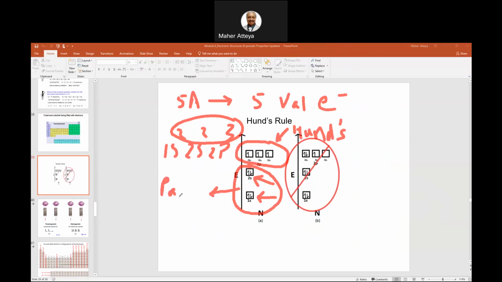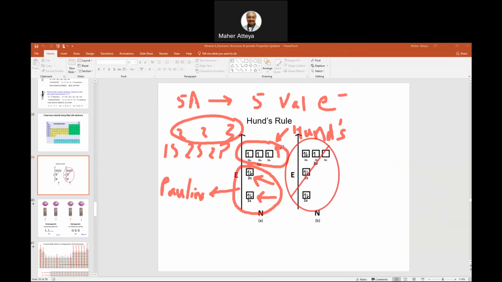Pauling says maximum 2 with opposite spin. Here, you enter them singly, and parallel means the same spin: one up, one up, one up. Those three are all up, with the same spin.